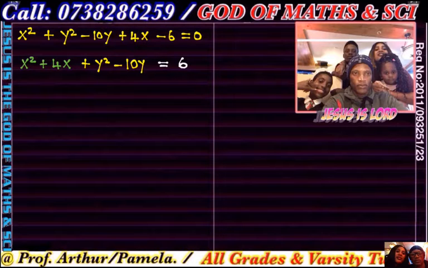All right. Now, once you have this, watch what I'm going to do. I just want to copy it and paste it here. After the green x terms, I'm going to add brackets. After the yellow y terms, I'm going to add brackets.